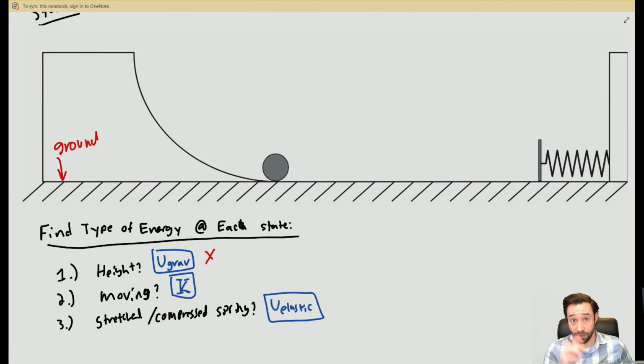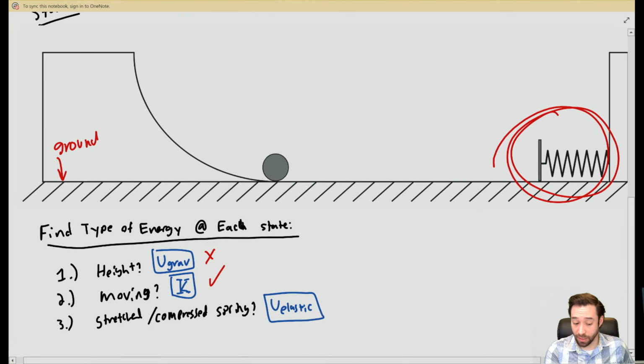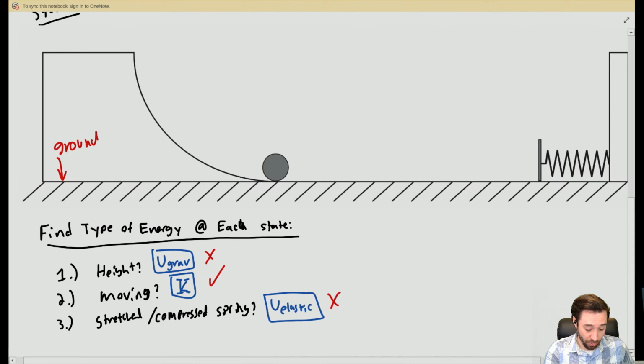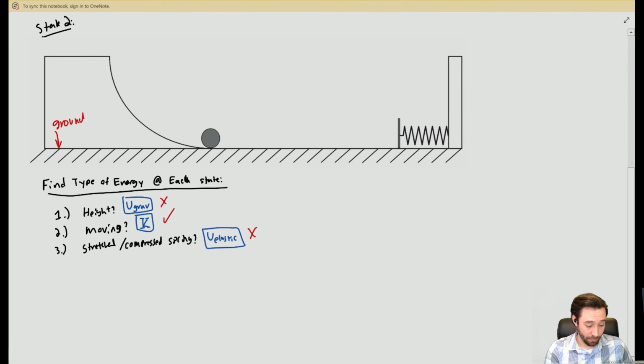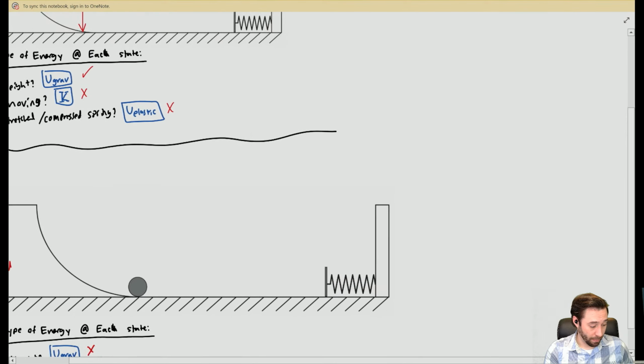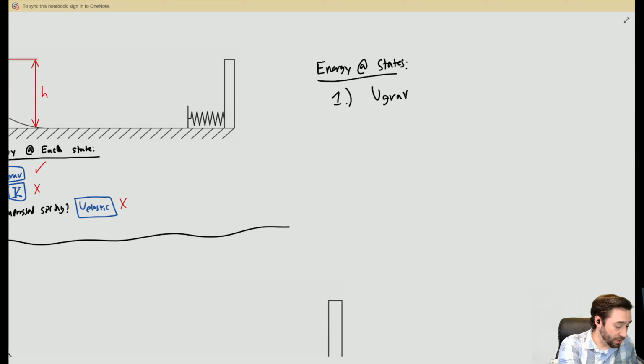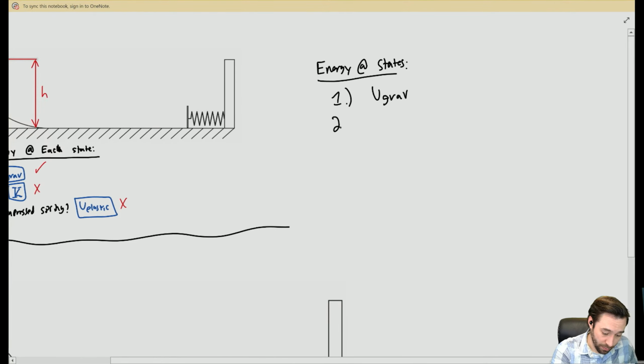At this state, during this snapshot, it is indeed moving. So we do have a velocity. And is the spring being compressed or stretched? At this point, no. So there's no elastic. Cool. So at state 2, we have kinetic.